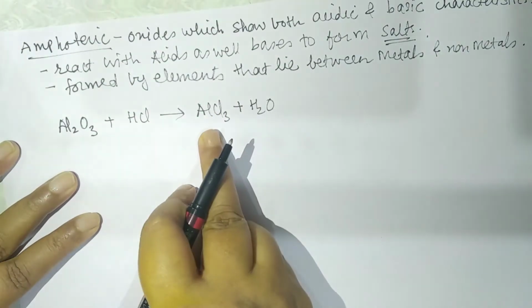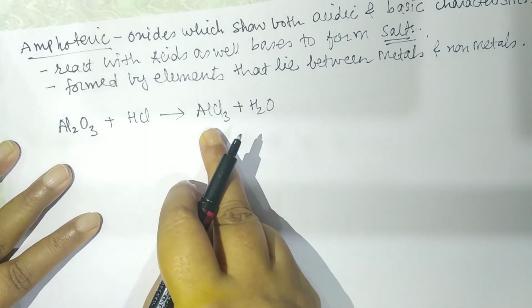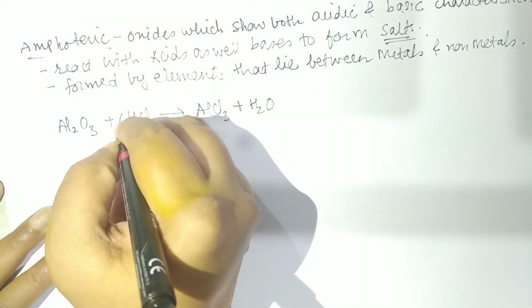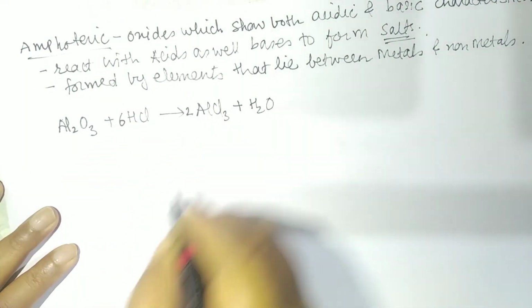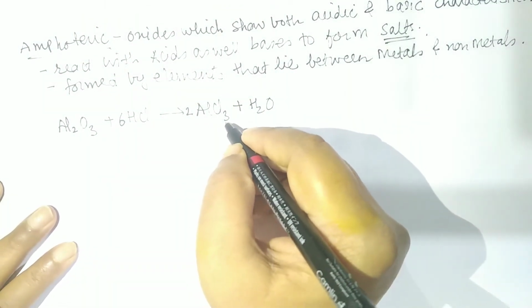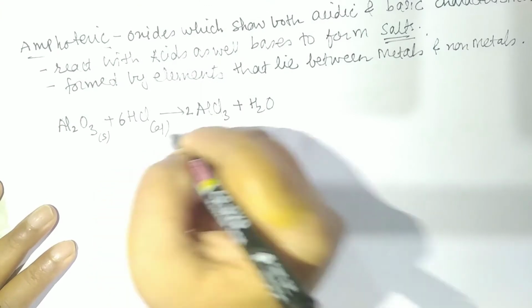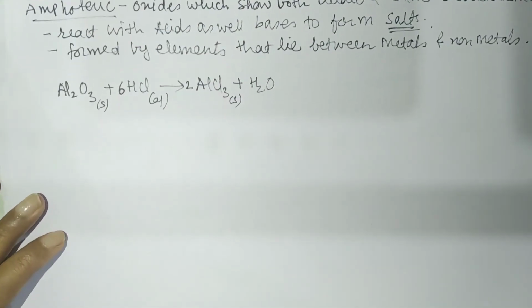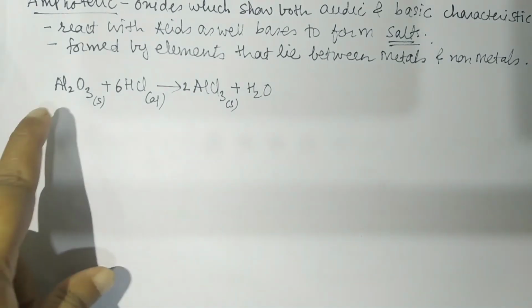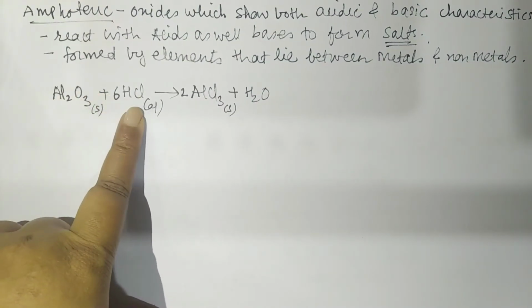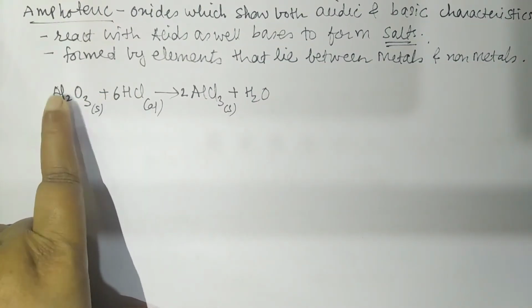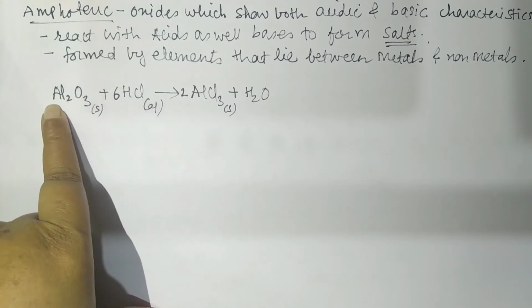This is the salt which is formed, that is aluminium chloride. Let us balance the equation, students. This will be 6 and this will be 2. I will write the physical state here as aqueous. Here the oxide is reacting with an acid, meaning it is acting as a basic oxide.